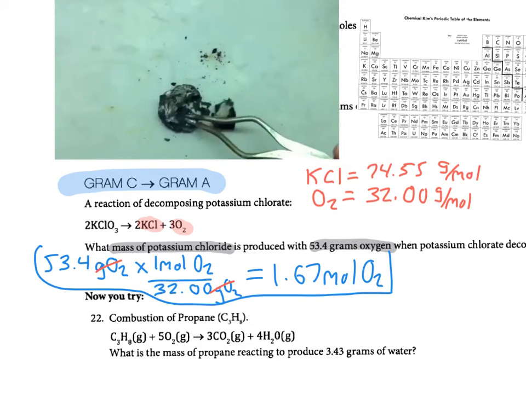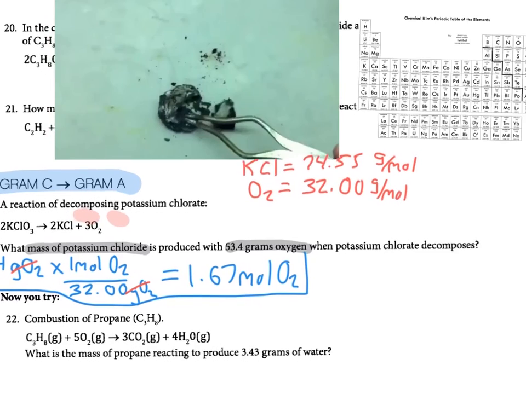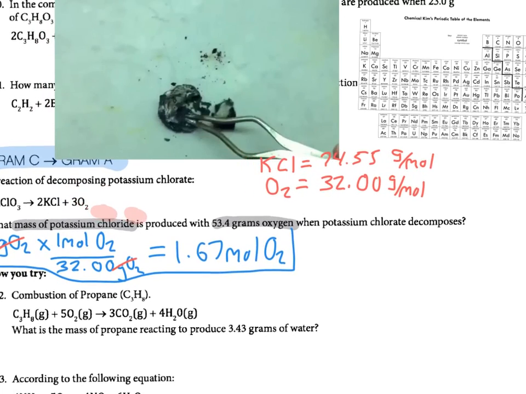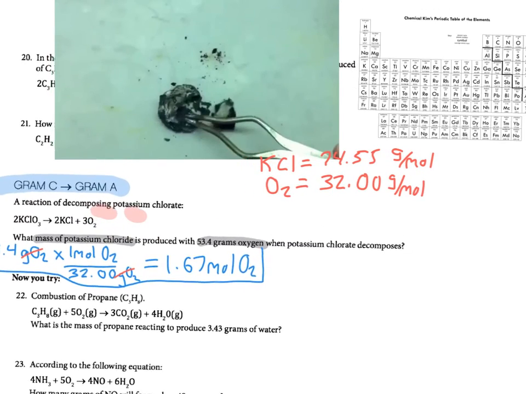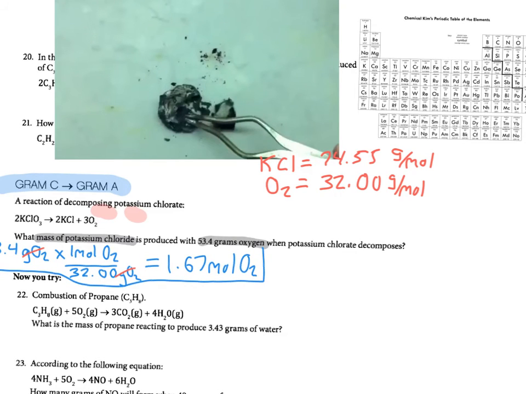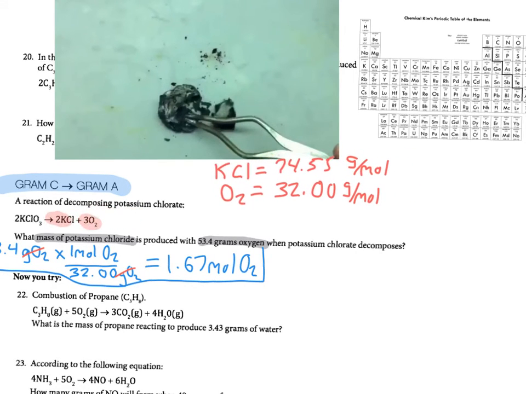My next step is the bridge. I'm going to bridge my mole quantity of O2 to the mole quantity of KCl, and this is where I use my balanced equation. It's that 2 to 3 ratio that I'm going to use. I take my 1.67 moles of O2 and build the bridge, which is why I like calling it the bridge step.